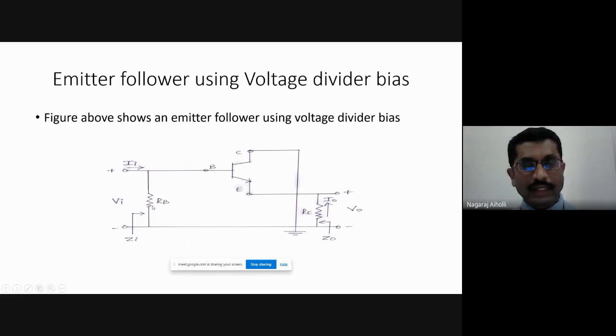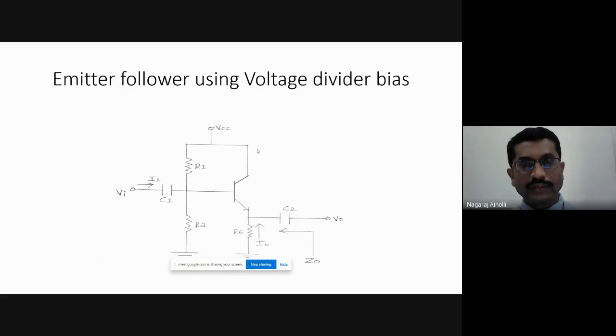That means RB can be replaced by parallel combination of R1 and R2, right? Therefore, if we replace RB by R1 parallel R2, that will give us the AC equivalent circuit for the emitter follower with voltage divider bias.